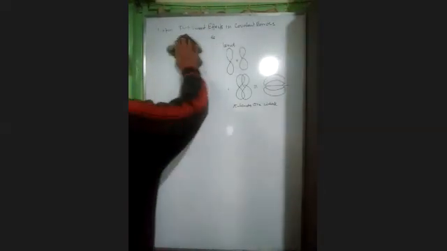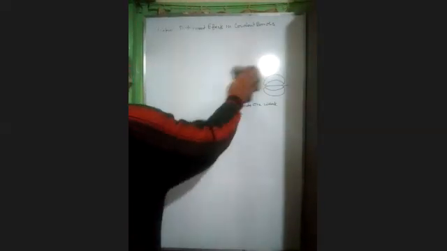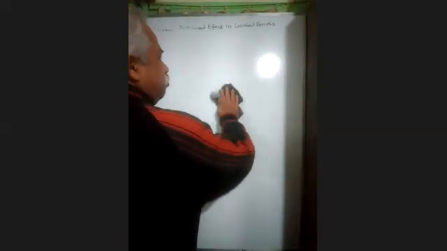So now let's see. When we say electron displacement along a covalent bond, say this is the covalent bond we are having. Say something like this.